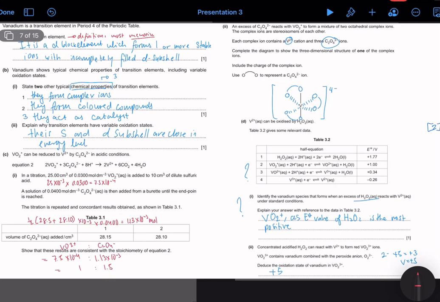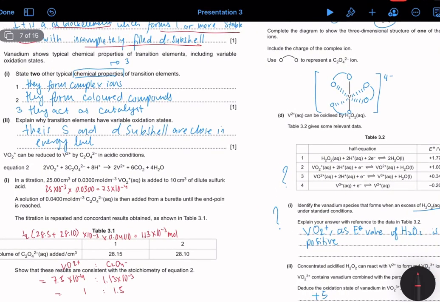So for 3A, what is a transition element? It is a d-block element which forms one or more stable ions with an incompletely filled d subshell. That is the standard answer. Mention it is a d-block element which forms one or more stable ions with an incompletely filled d subshell.